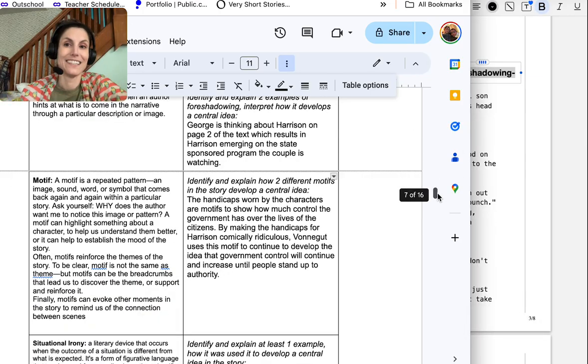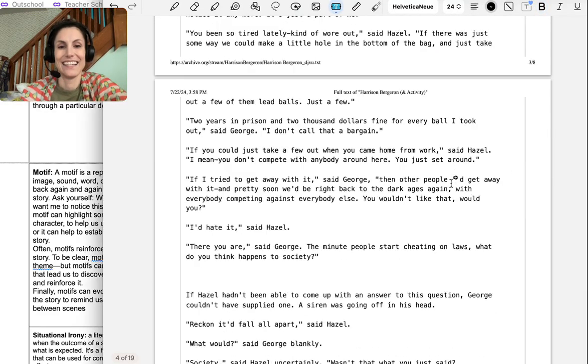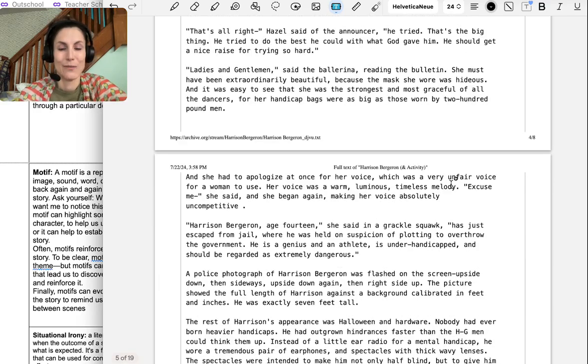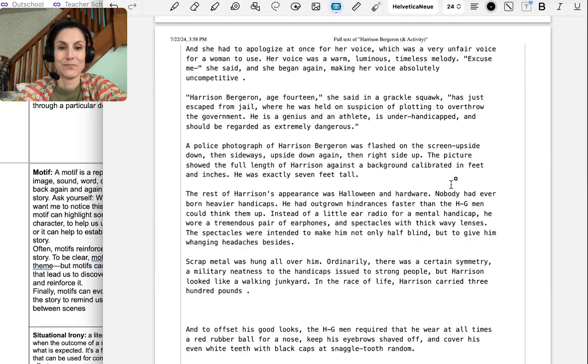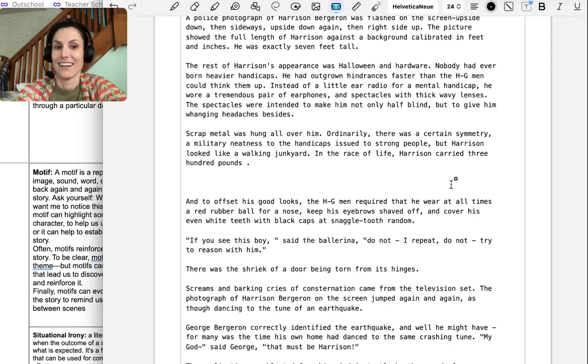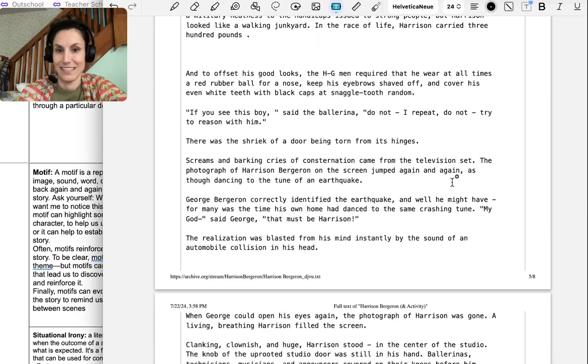We have the ridiculous when we get to the end. His handicap was like a clown nose and the snaggle teeth. We could say that motif is building this idea that people in this society are just, maybe you could say, like sheep. They will conform to anything the government's going to tell them.